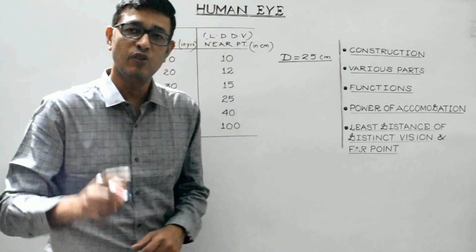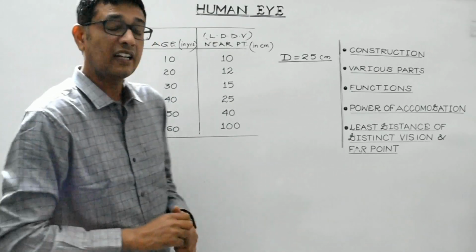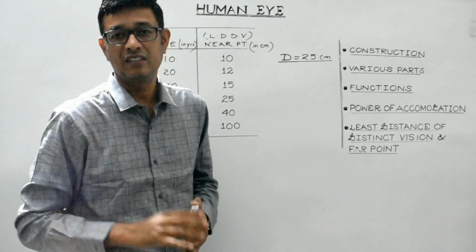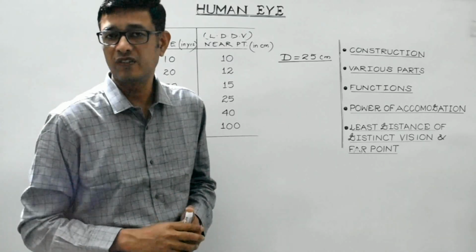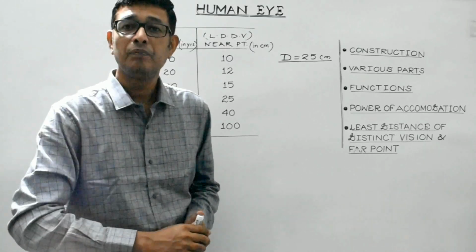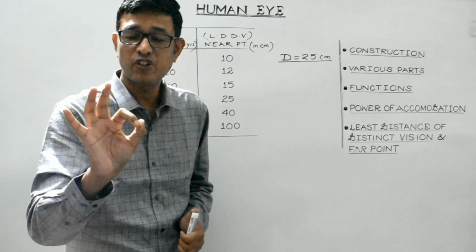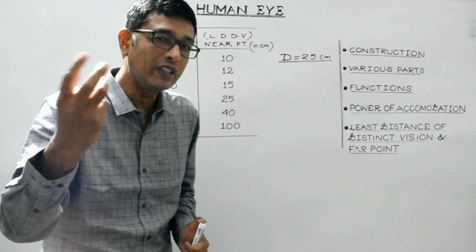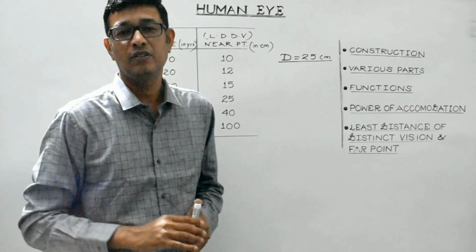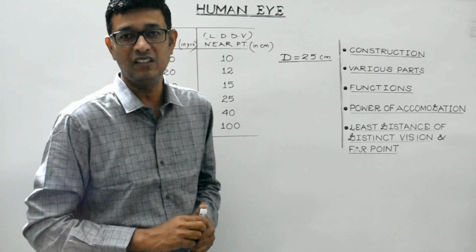Here I must mention one very important point, that L.D.D.V is not constant, it varies with age, right? Again, I would like to mention the power of accommodation also tends to deteriorate with age because of the weakening of the ciliary muscles.